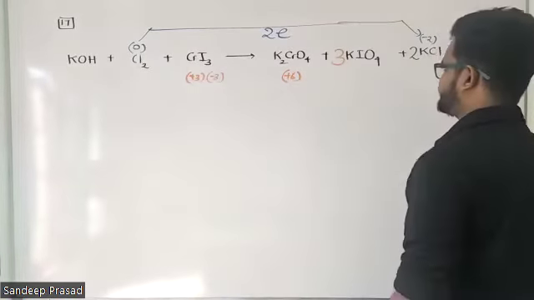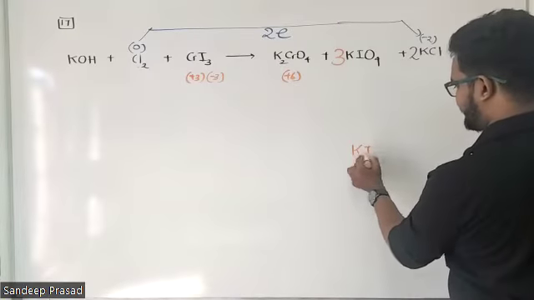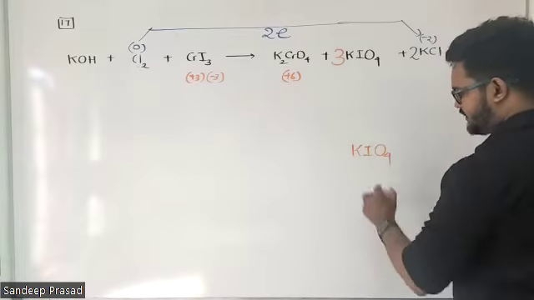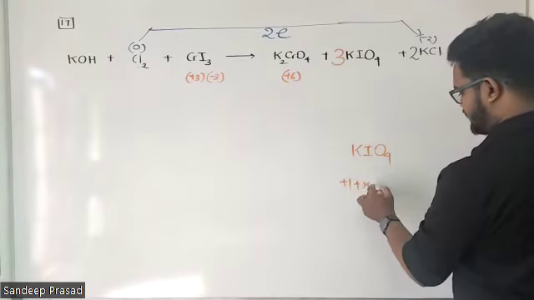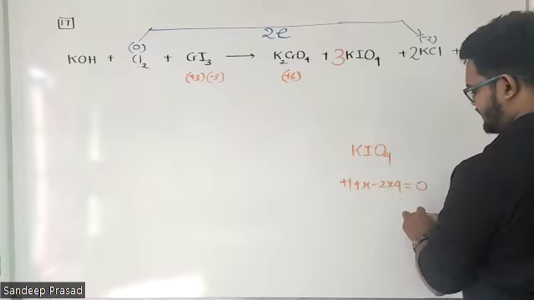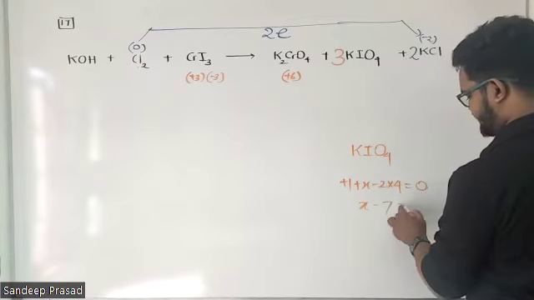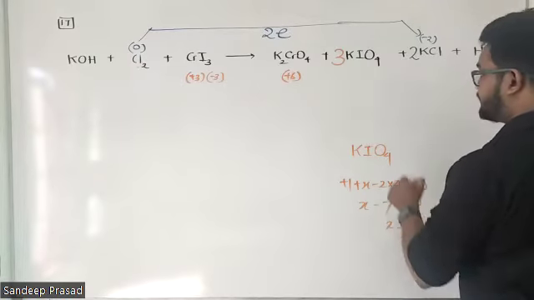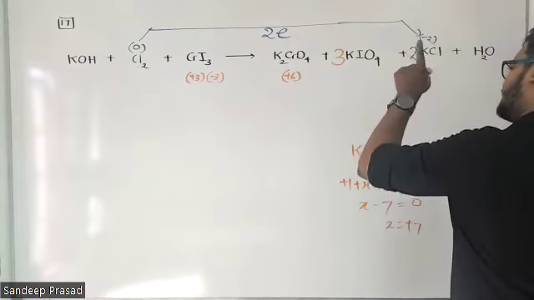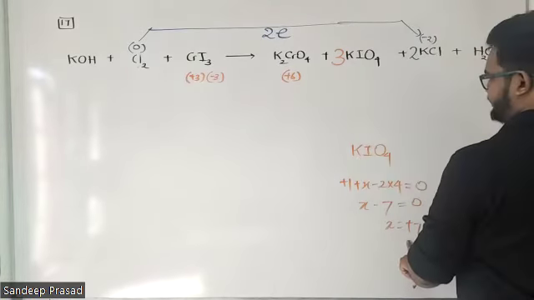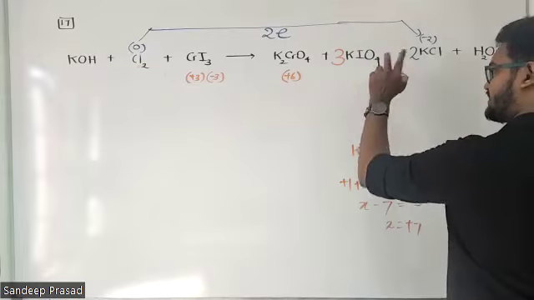So therefore, -3. What is the oxidation state of iodine in potassium periodate? Potassium +1, iodine X, oxygen -2 into 4, summation equals 0. Then X - 7 is equal to 0, X equals +7. Oxidation number of one particular iodine atom is +7. But here we have how many iodines? 3.